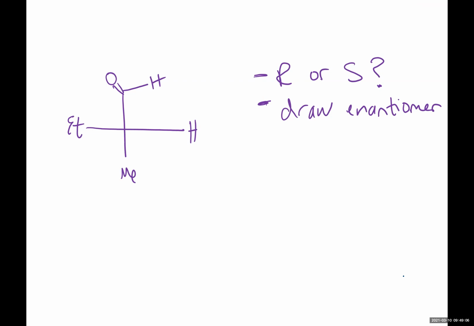Would it be the alcohol? It is going to be the group up here. It is an aldehyde, but yes, it will be the oxygen group. You are right. I knew what you meant. Hydrogen's last. Perfect. Ethyl and then methyl. Perfect.